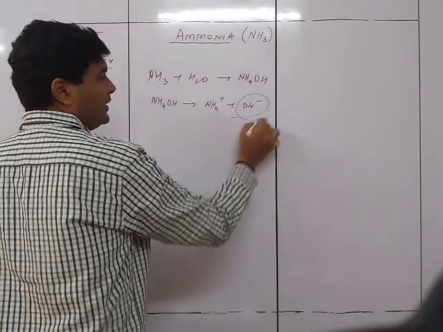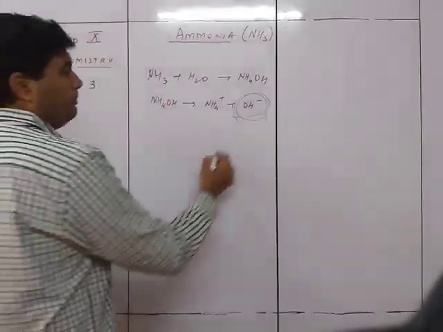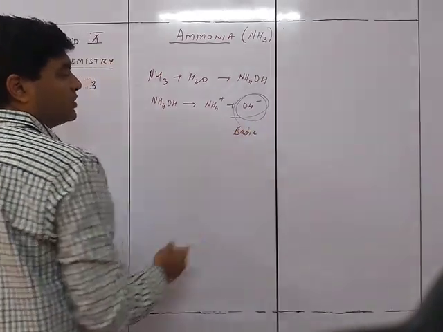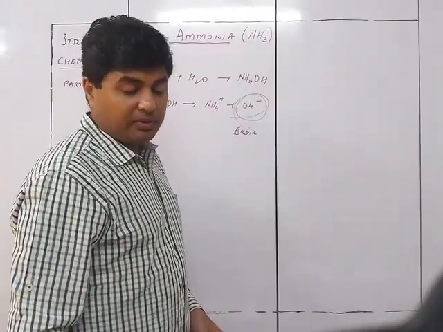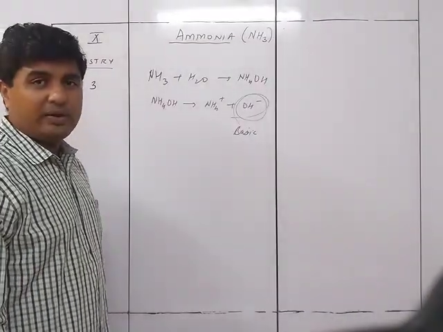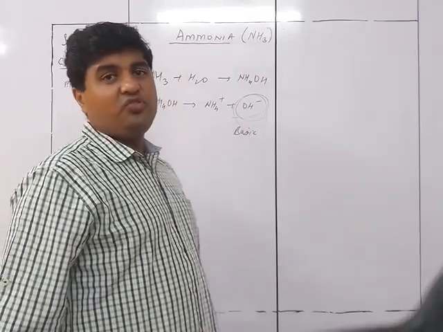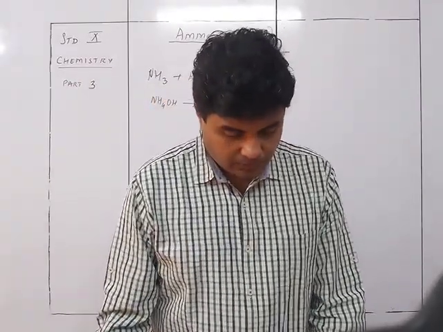The presence of this OH- makes it basic in nature. The basic property is because of the ionization giving OH- ions, and since unionized molecules are also present, it is a weak base.